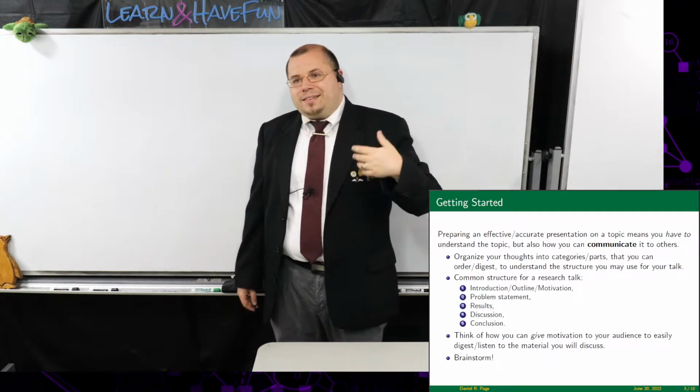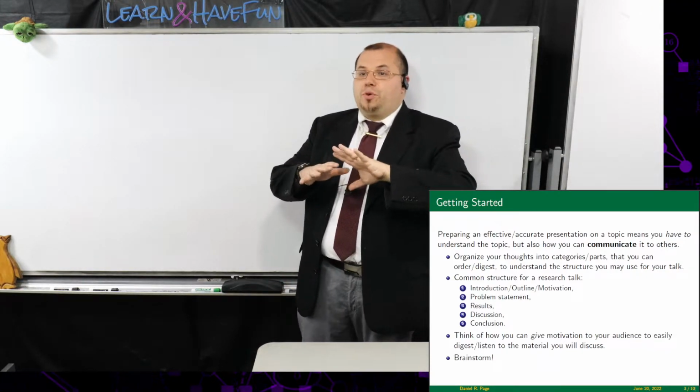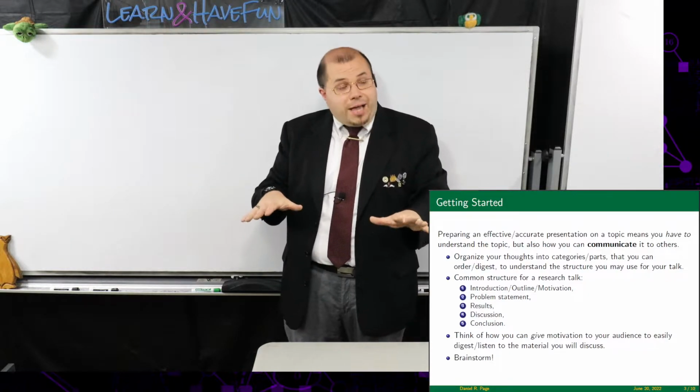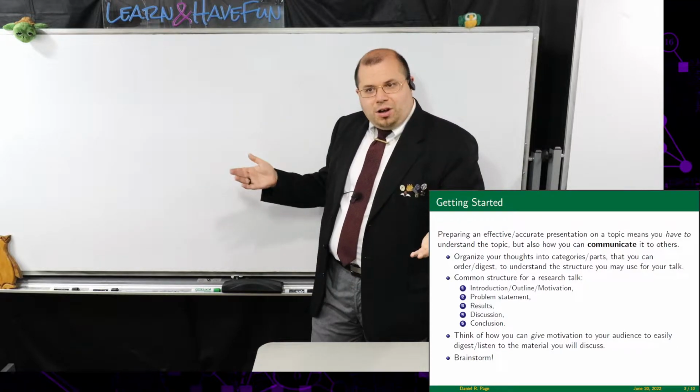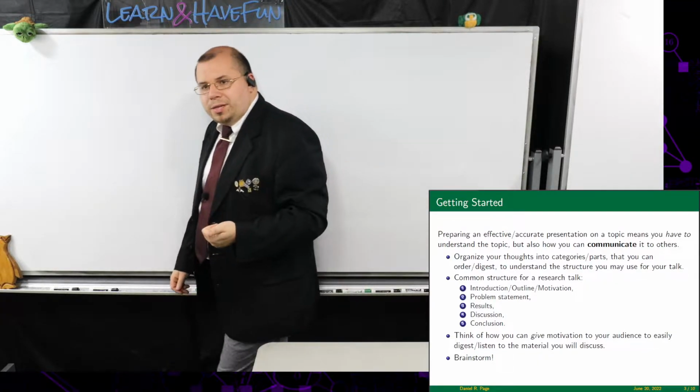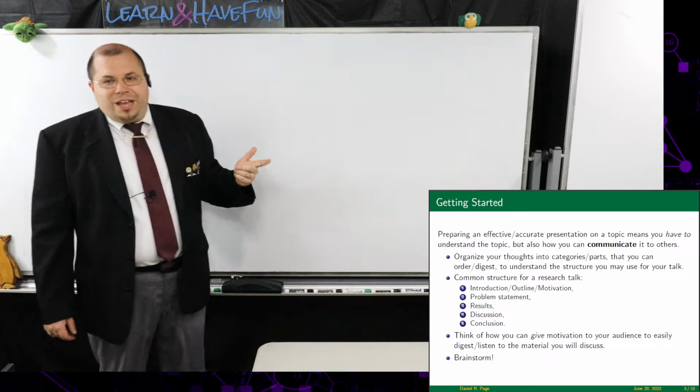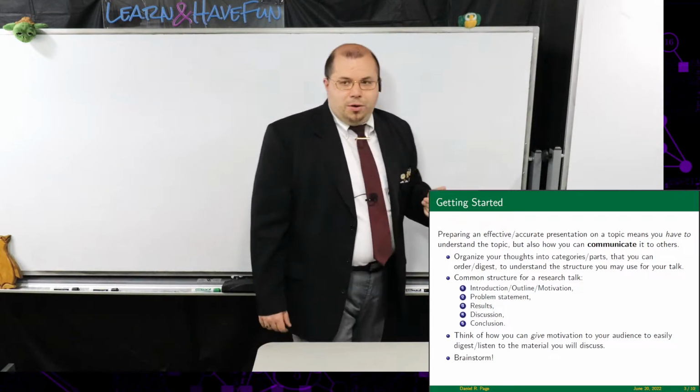Normally you're going to have it broken down already into natural categories for a presentation. A common structure for such a talk would be having an introduction or an outline, but also a motivation, which I'll talk more about as we go along.